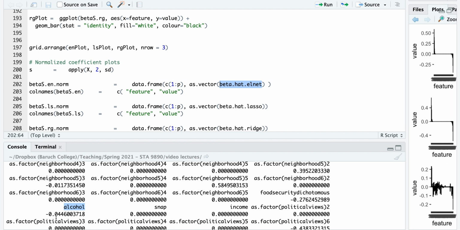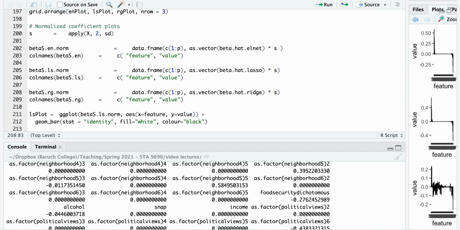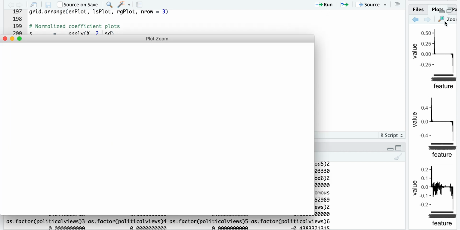Now, instead of making this 1 unit change, we want to make it one standard deviation of alcohol consumption, whatever the variability in alcohol consumption is. That's why we multiply this by S. And the same here by S, and the same here by S.